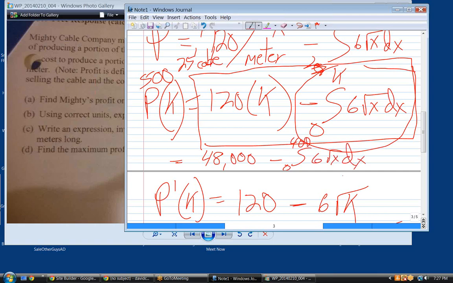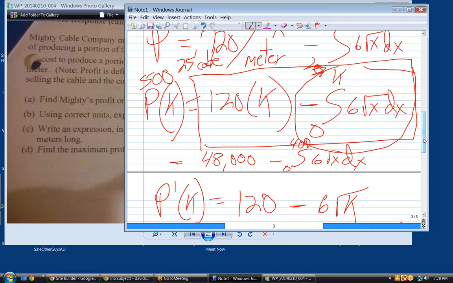Sorry about that. I forgot to go back to the profit function. The 48,000 was just what they receive on that 400-foot cable. They sell it for $120 a meter. So we still have to subtract out their cost to produce it, which was the integral from 0 to 400 of 6 root x dx.